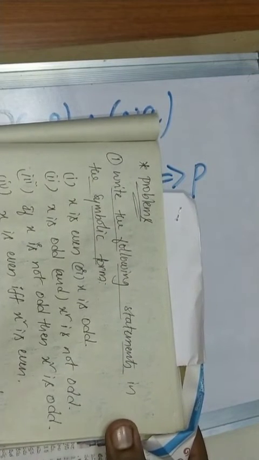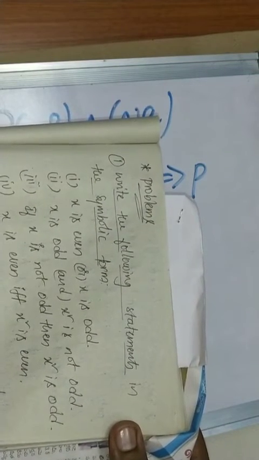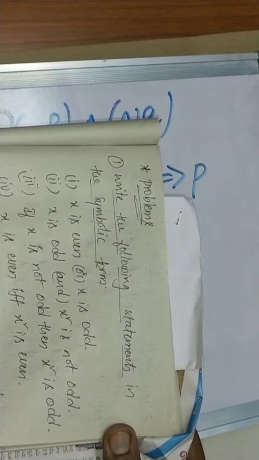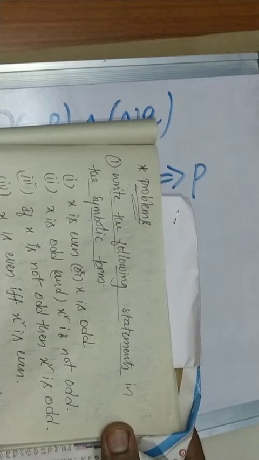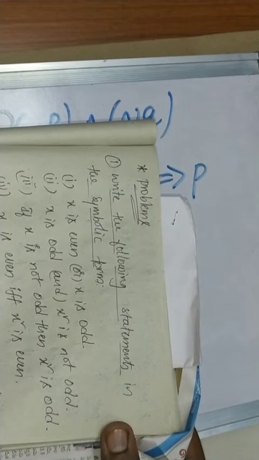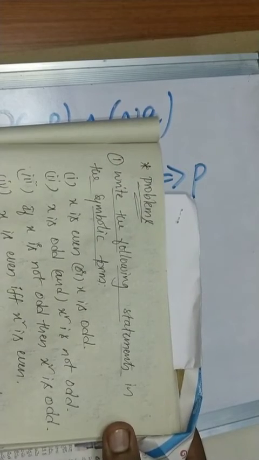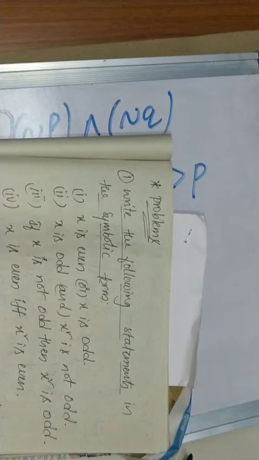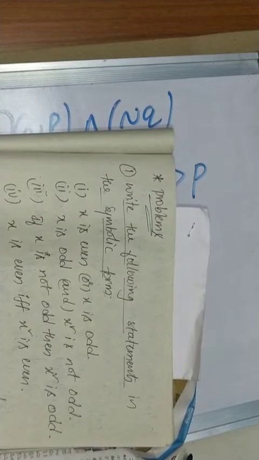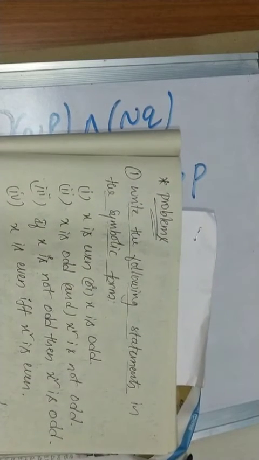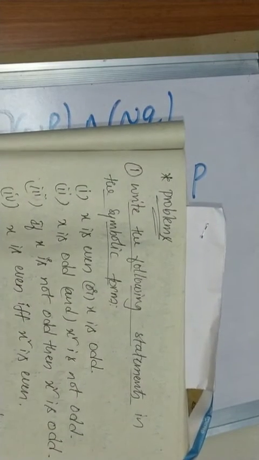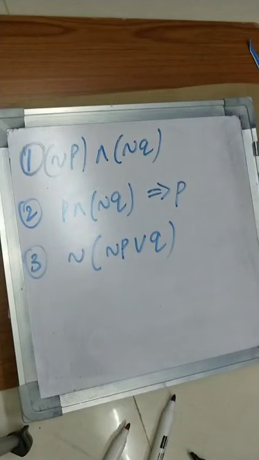The second one is also P and Q. Third one, if x is not odd, that means if negation P, that is the negative of P, then Q. Then x is even if and only if, I have already shared all these things with you, so you can just try it. You are supposed to write the symbolic form.